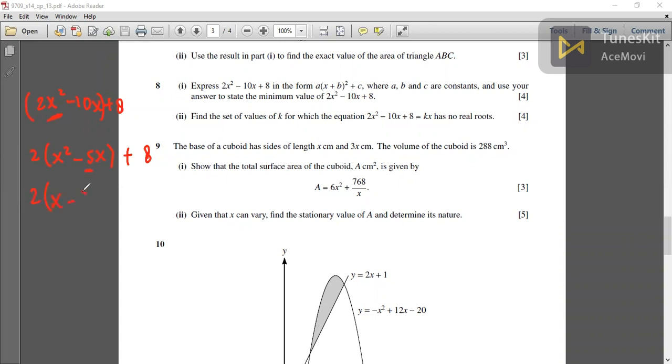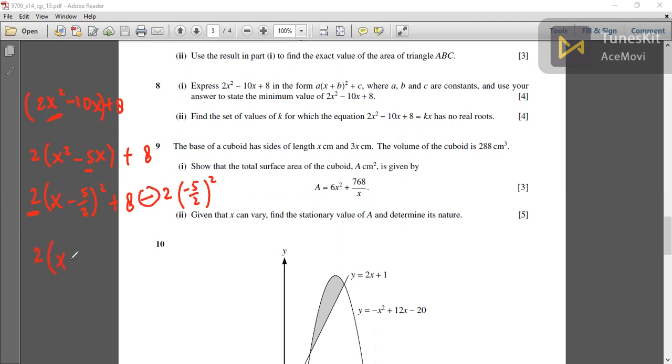So x minus 5 over 2, squared, plus 8 minus 2 times minus 5 over 2 squared. This minus is absolute, remember.